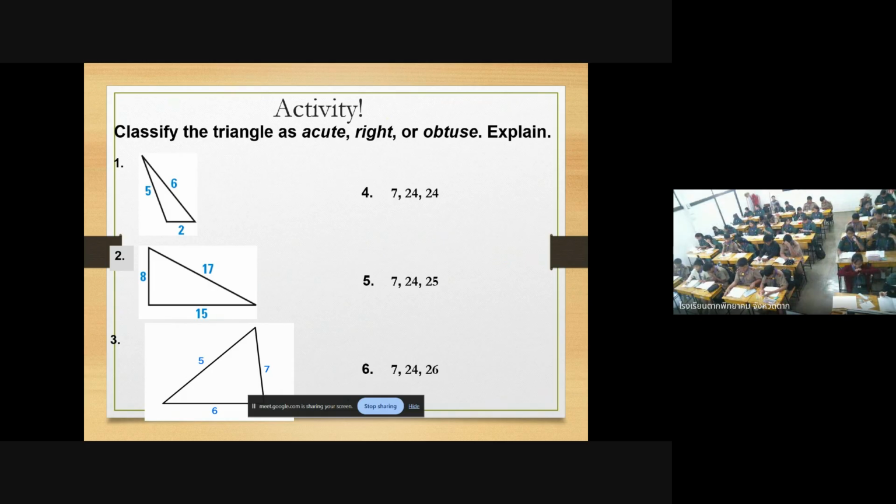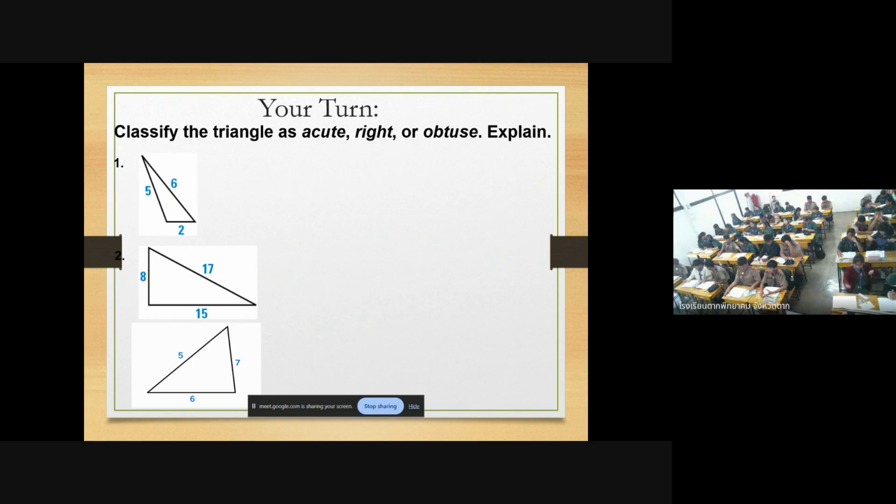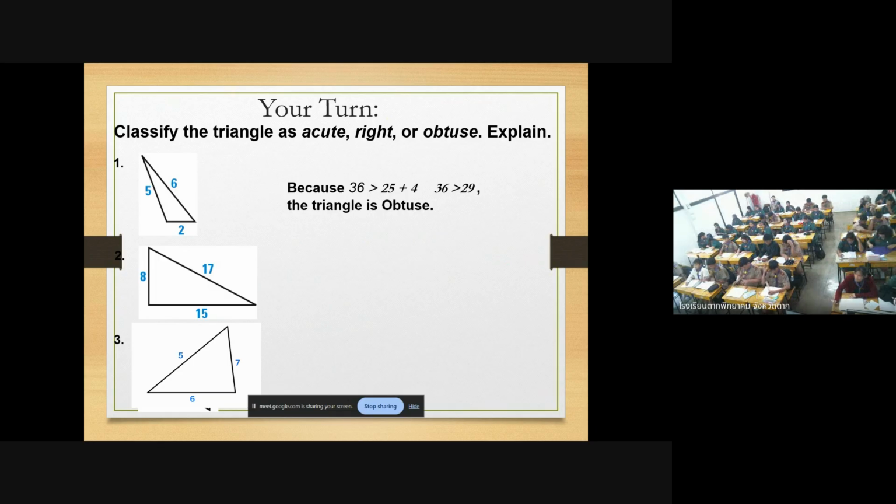Okay, let's answer number 1. Number 1 is obtuse, because 36 is more than 29. 2 points each: 1 check for the solution and 1 check for the type of triangle.